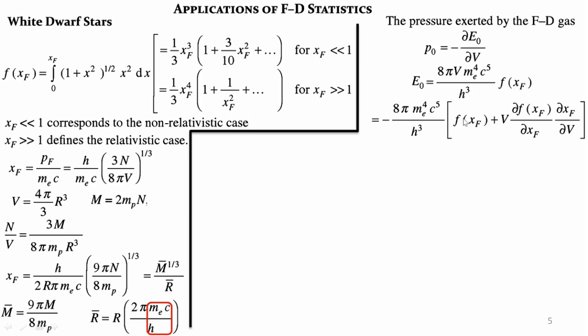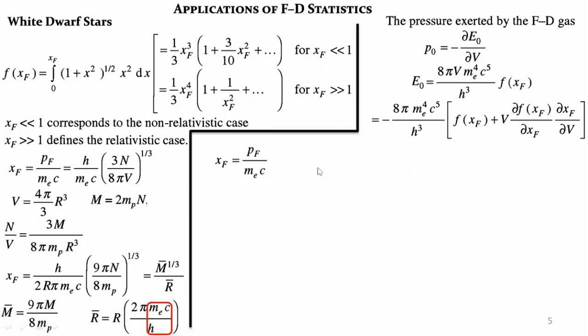The derivative will be the first function times the derivative of the second function with respect to volume, plus the second function times the derivative of the first. The derivative of volume with respect to volume gives you 1. And for the other part, volume is taken out, and then by chain rule you take del f over del xf and then the derivative of xf with respect to volume itself. So this will be del f over del v.